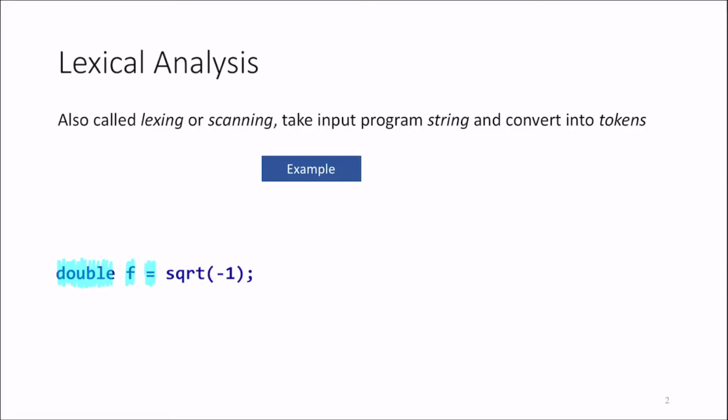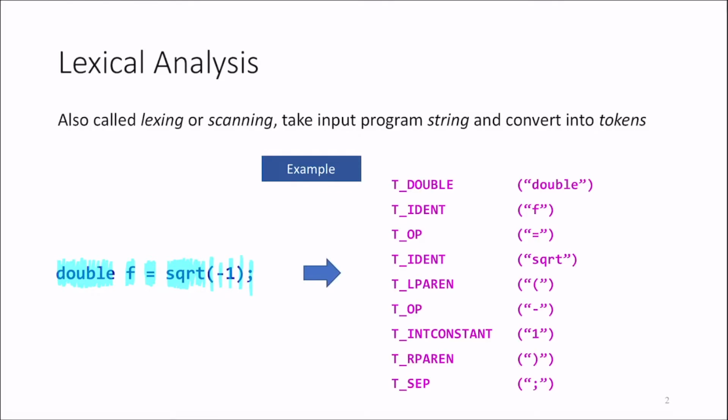Then there's a token that represents the equals, another token which is also an identifier which stands for a function called here. Then there are these syntactic elements like a left parenthesis, which is a token, the minus sign, which is a token, the number 1, which is a token, close parenthesis, which is a token, and then the semicolon, which ends the statement.